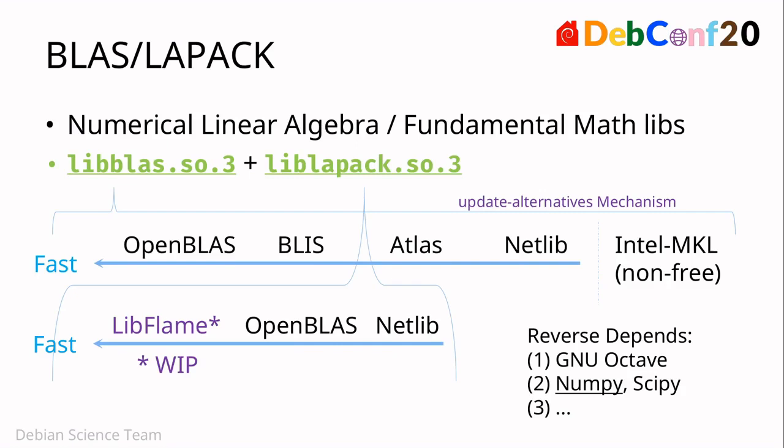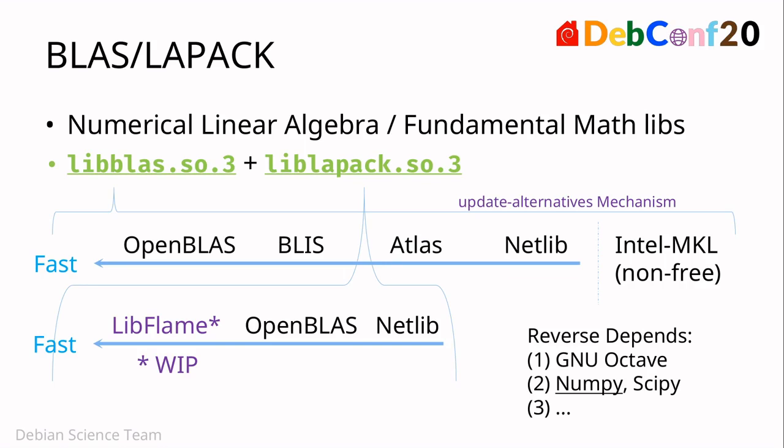Generally, there is nothing special about the packaging work for the performance libraries, but BLAS and LAPACK are an exception. The 2 libraries implement a number of very fundamental numerical linear algebra subroutines. The corresponding shared objects are libblas and liblapack.